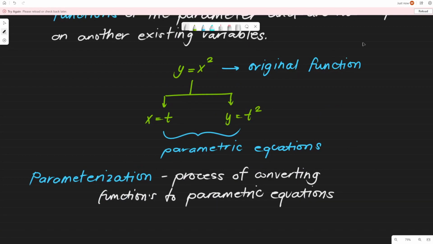Basically, for example, if we have y is equal to x squared, that is our original function. Let's say it is very hard to differentiate or evaluate that function in terms of what is given.